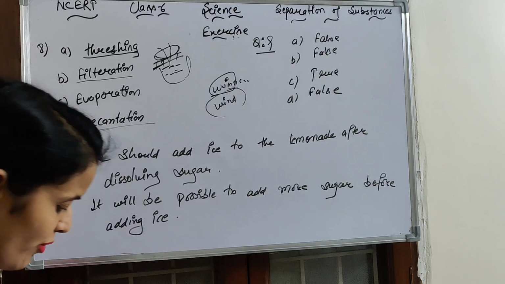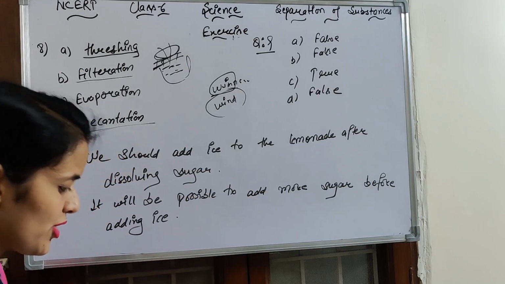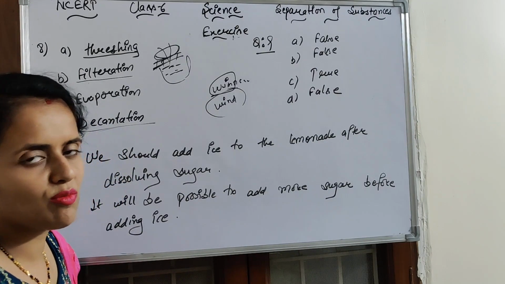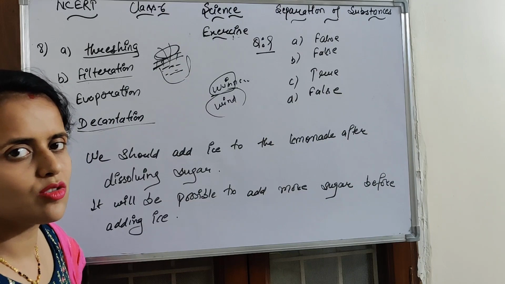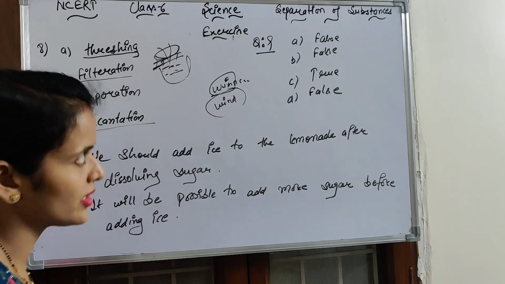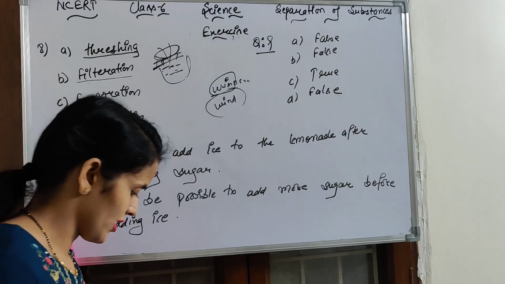So this is totally false, because salt and sugar both have the same size of particles, same weight, so there are no lighter and heavier particles, so there is no application of winnowing.